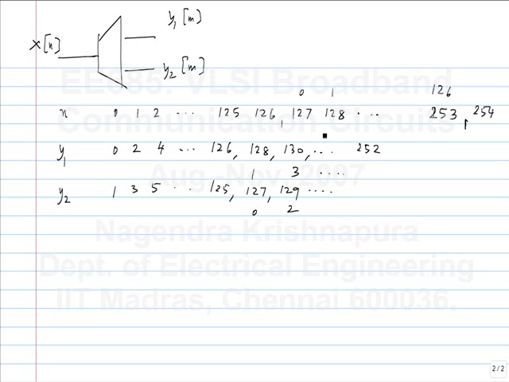So what's the relationship between Y1 and Y2? It's a shifted version. Okay. And what is the shift? 64 or 63. I mean, it's 64 one way or 63 the other way. Okay. So Y2 of M is Y1 of M minus 64. Is it okay?